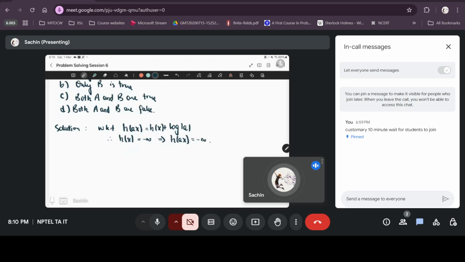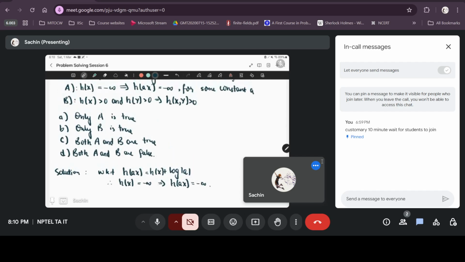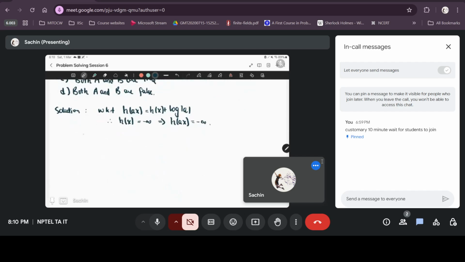Therefore, statement A is true. B is false. For that we'll give a counter example.